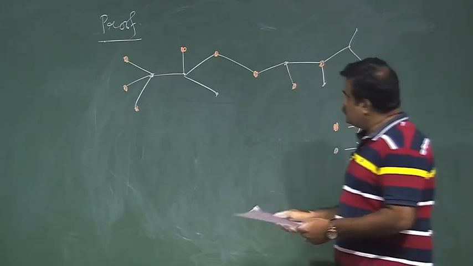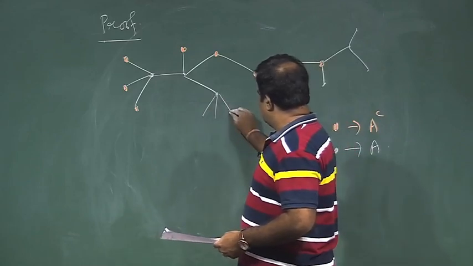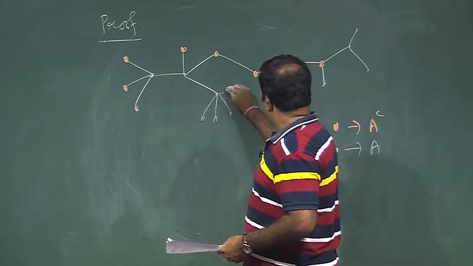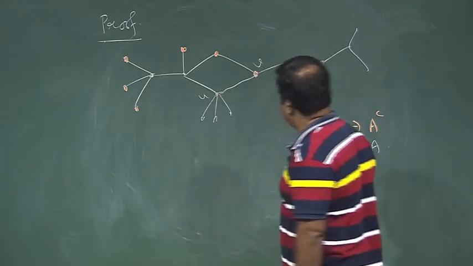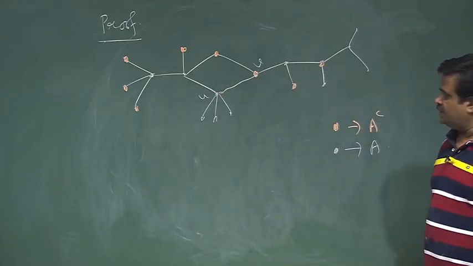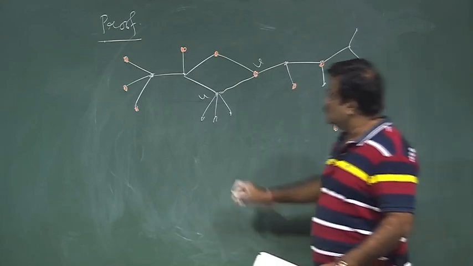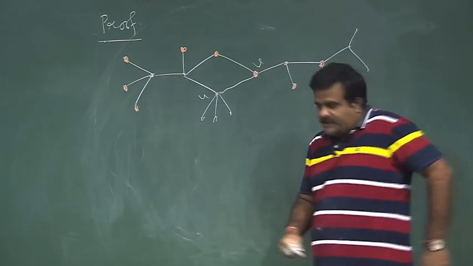Suppose this is the bridge edge, U and V. This is the bridge edge which is minimum weight, and suppose that it is not in the minimum spanning tree.